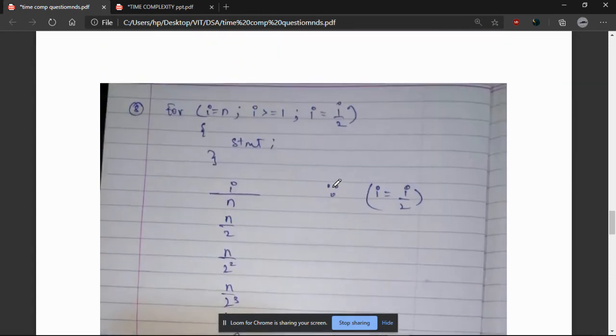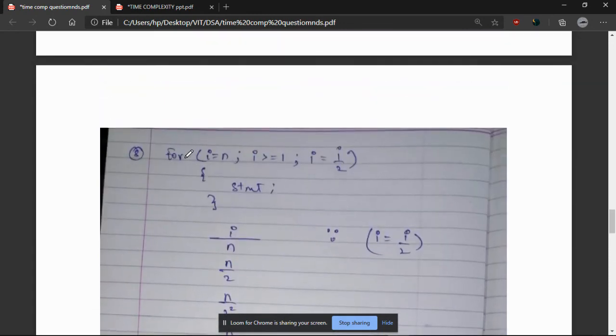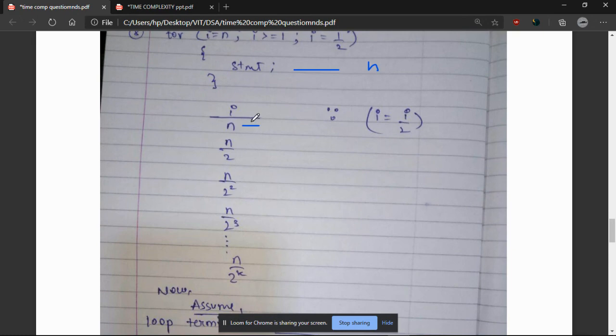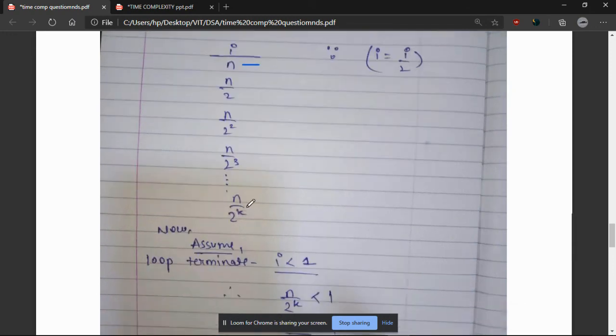And one last example I'm going to take today. So this for loop: i equals n, i greater than 1, i equals i divided by 2. We have a statement here. And since i equals i divided by 2, we take i as n. We get n by 2, again n by 2 to the power 2, n by 2 to the power 3, and it goes on till n by 2 to the power k.